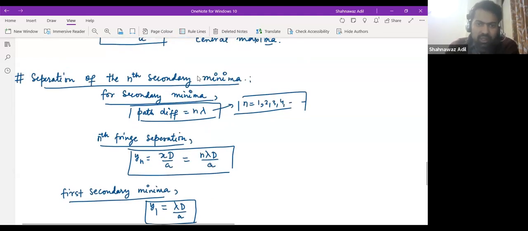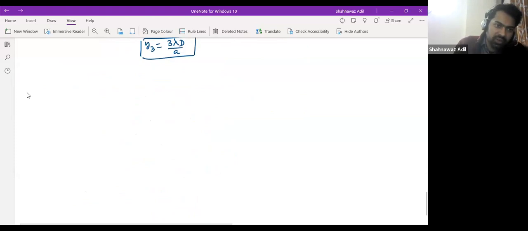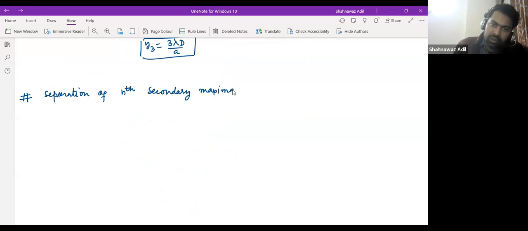And then we can also calculate the separation of the nth secondary maxima.